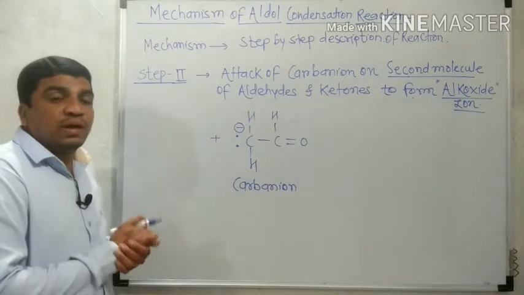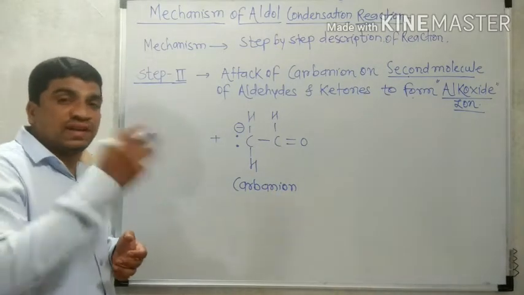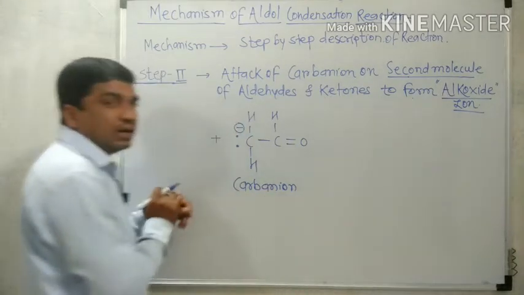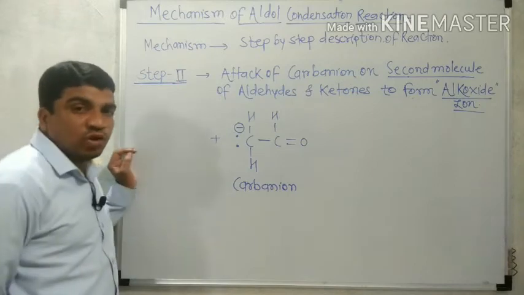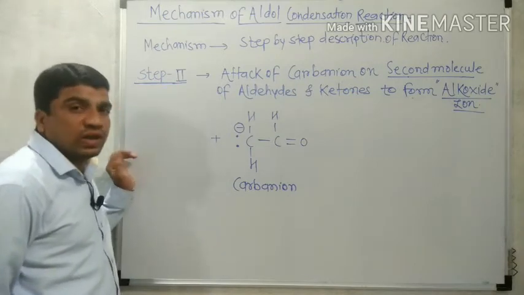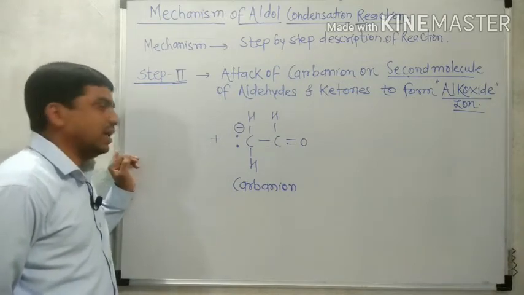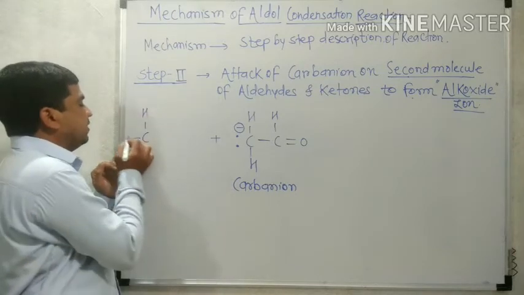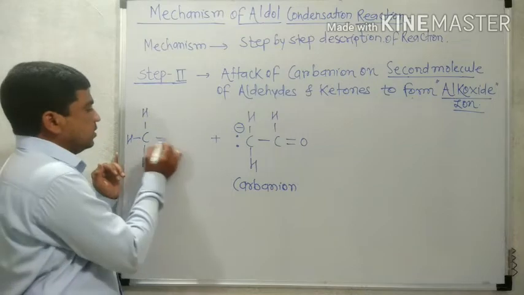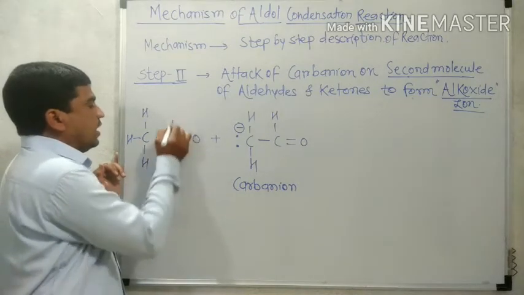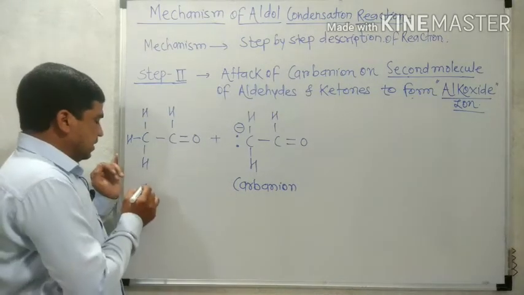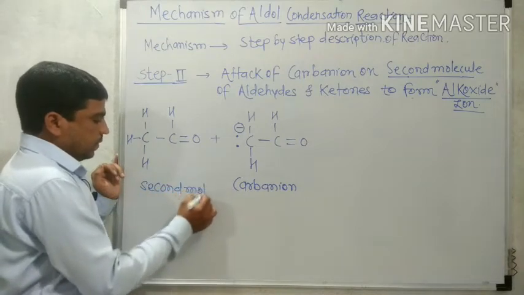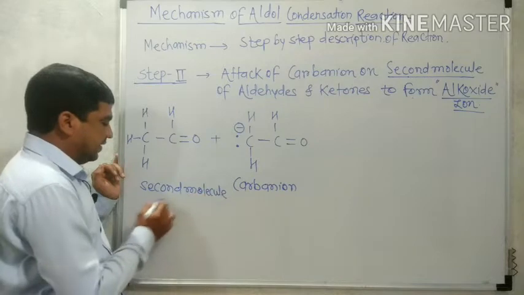This mechanism we are going to discuss using the example of ethanal, that is acetaldehyde. So that carbanion attacks the second molecule of aldehyde or ketone. So here is a second molecule of again ethanal, acetaldehyde. So that is CH3CHO, the second molecule of ethanal, that is acetaldehyde.